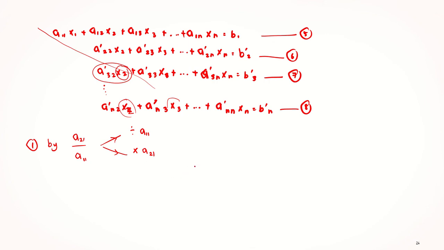If we try to repeat the previous procedure to eliminate the second unknown from equations 7 through 8, we can do that by multiplying equation 6 by A prime 32 over A prime 22, and then subtracting the result from equation 7.